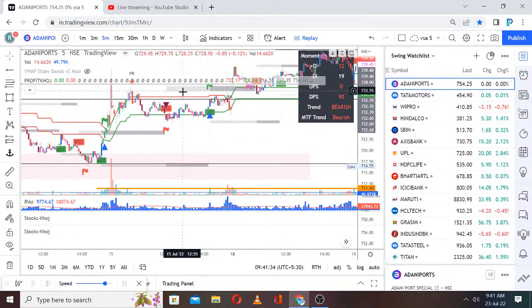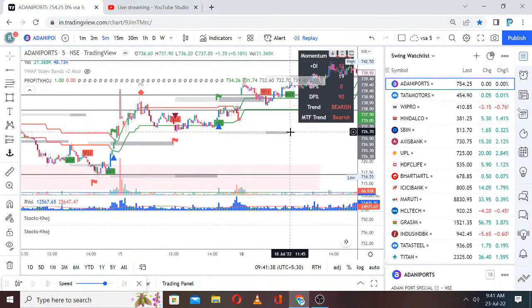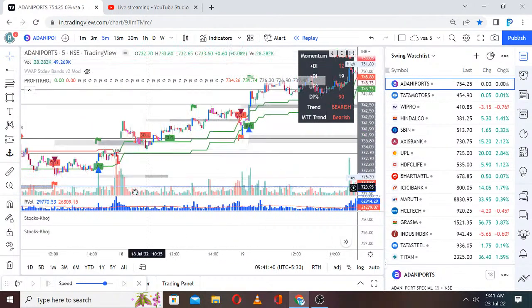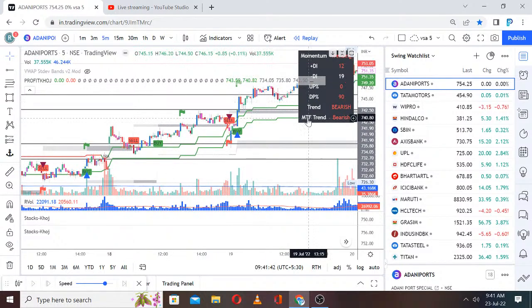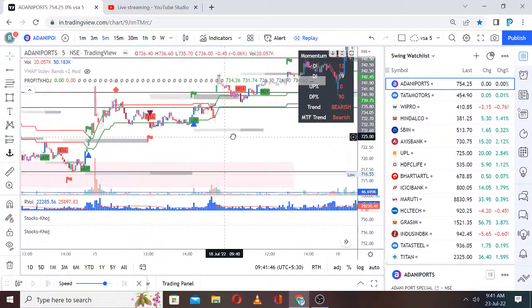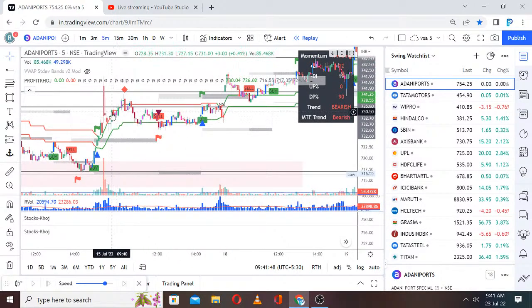This zone is critical. Once this zone is crossed, the first target will be easily done. You can note here there is high volume, but it did not continue down. It went in a range, then up.